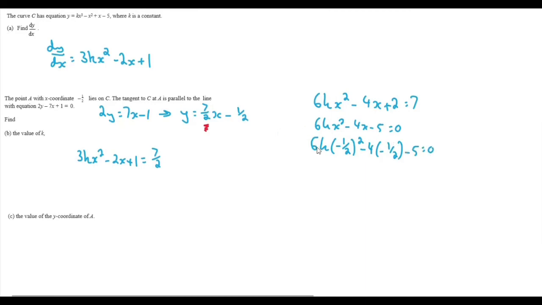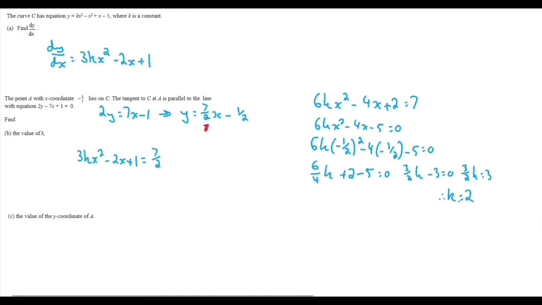So now just to expand that out and simplify, you'd end up with 6 over 4k plus 2 minus 5 equals 0, or in other words, that's going to become 3 over 2k minus 3 equals 0. So 3 over 2k equals 3, therefore k is going to equal 2.